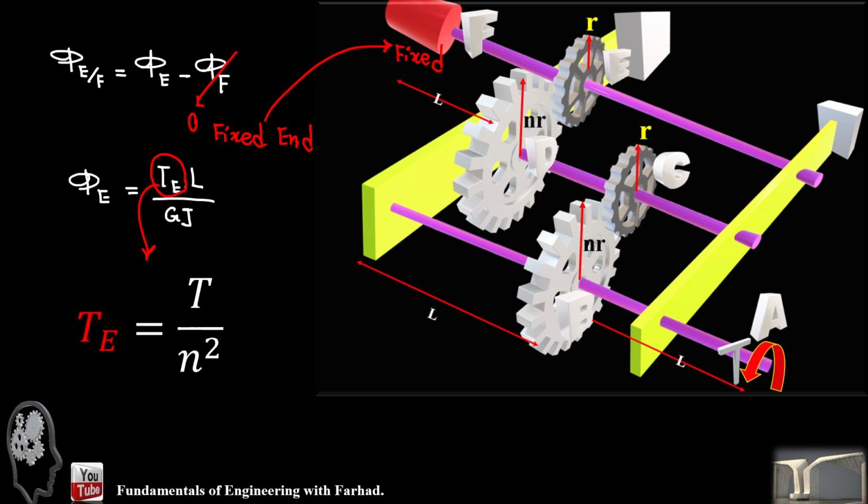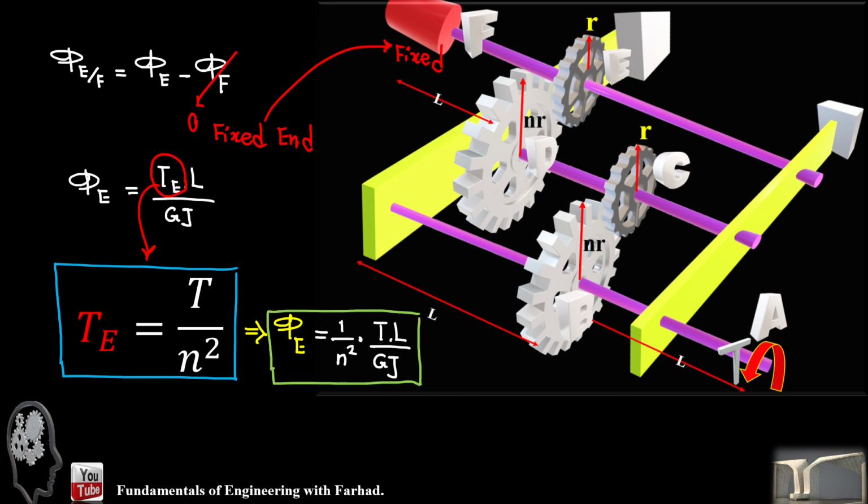And we already calculated T_E based off the gears relation, and that's T over N squared. So if we replace that in our equation, we start from the fixed end of F, and we move forward to get phi sub E, which is 1 over N squared times TL over GJ. Then we are just moving forward toward D, toward C, toward B, and all the way through to A.